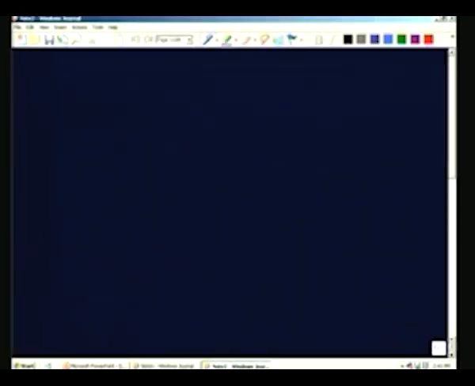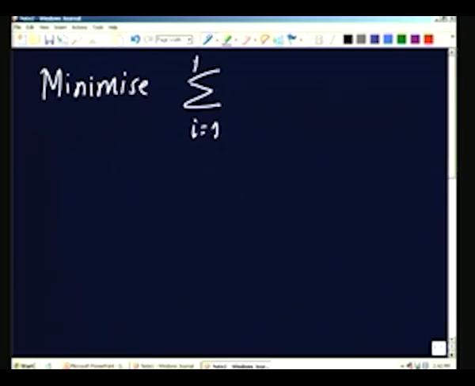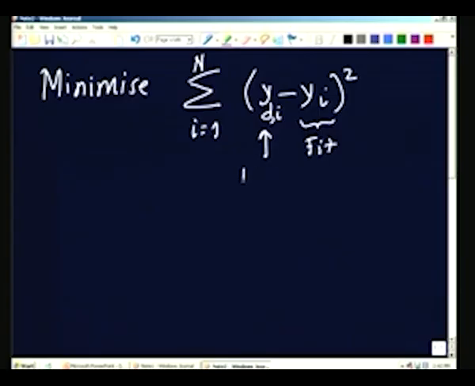What I will do is I will try to minimize the sum of squares which is given by sigma i equal to 1 to n, y minus yi whole square. This will be data, yi, and this will be yi, which is the fit. This is the fit and this is the data.